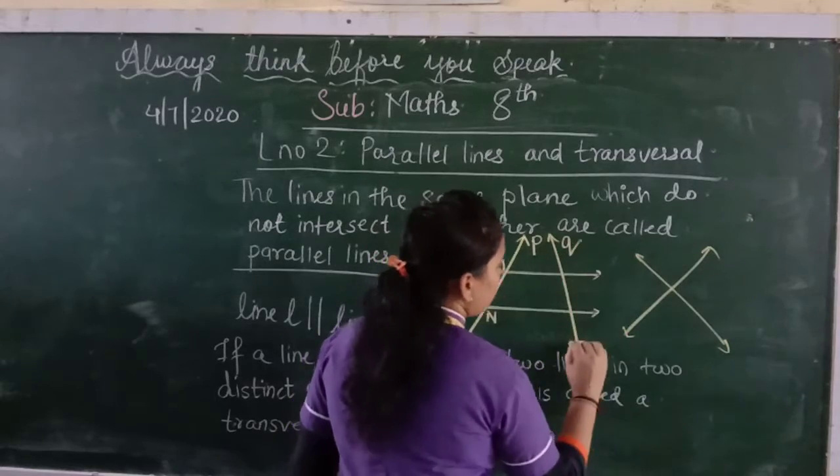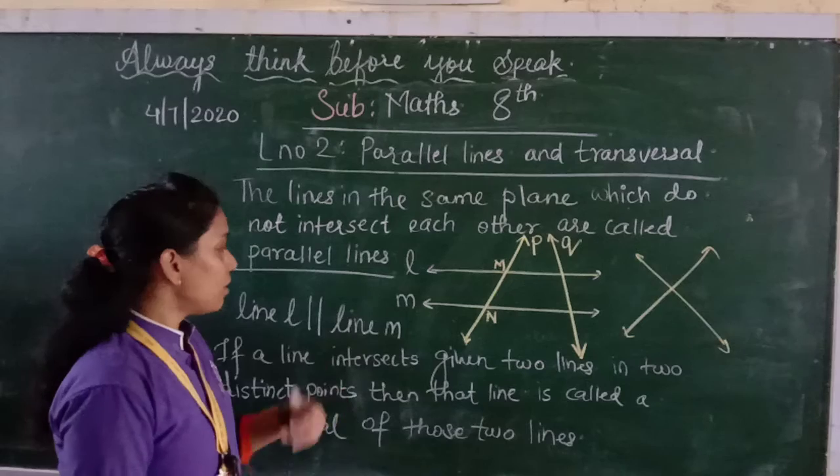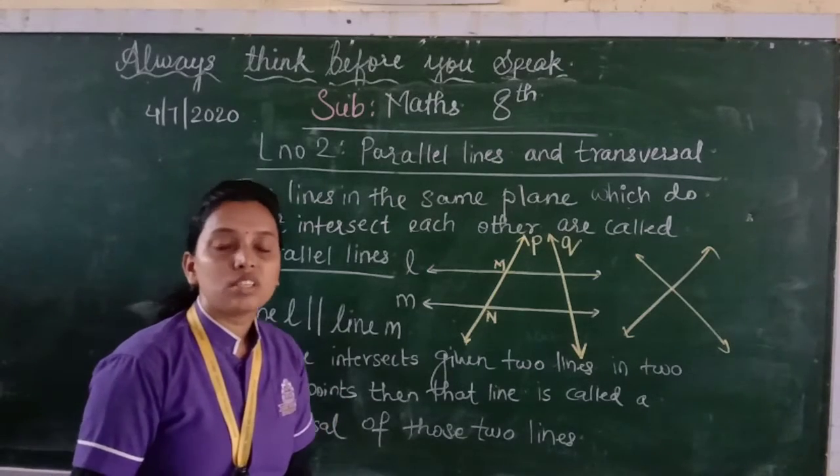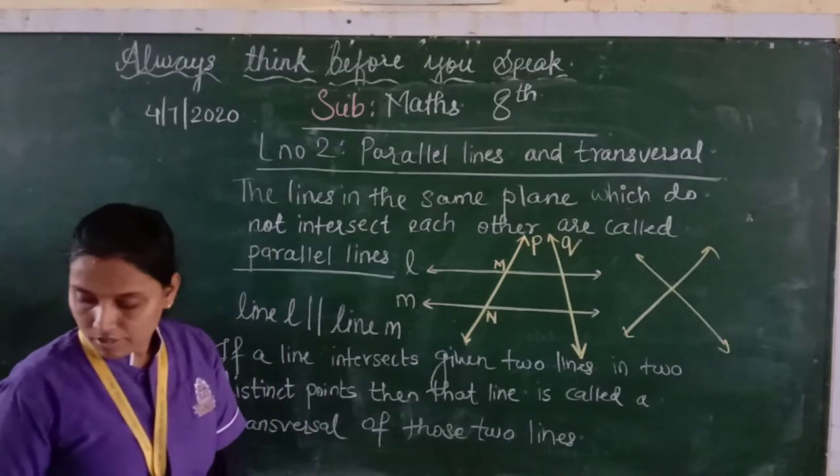You can name it as Q. This is also a transversal. So a transversal is the line which intersects the two parallel lines in two points.